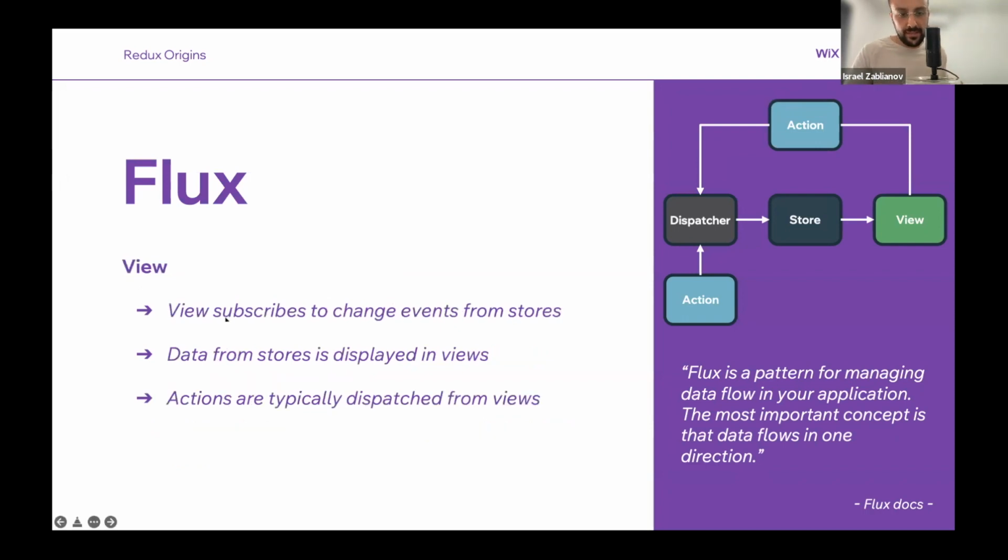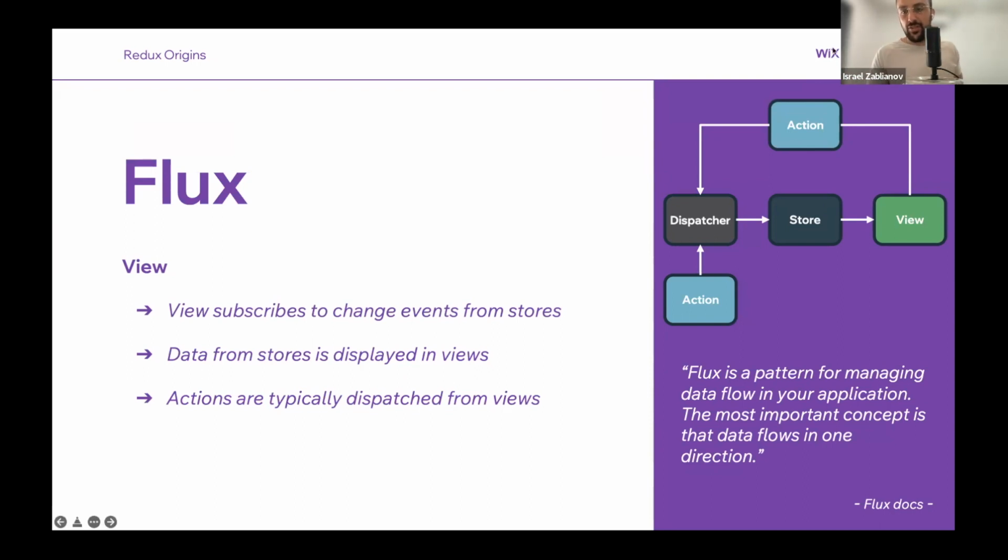And as you may guess, the view is registering to the store, taking the new or changed data, and rendering itself. After the view renders itself, it might trigger more actions, like a click event, add to-do in our case, or delete to-do, and the cycle goes on and on again and again.